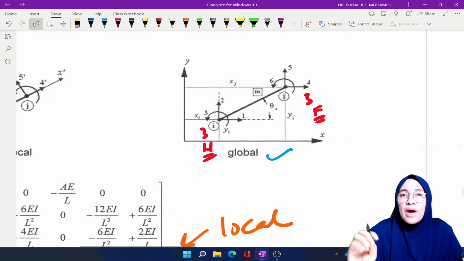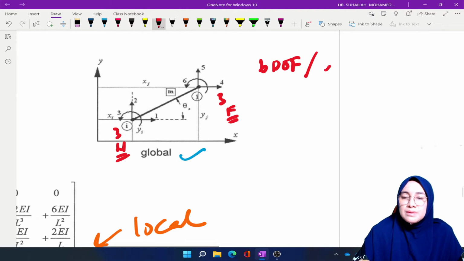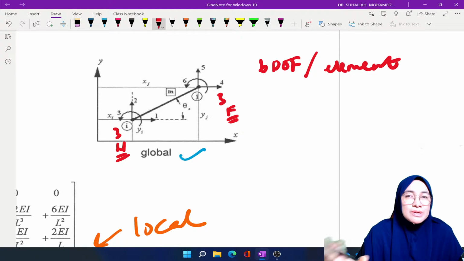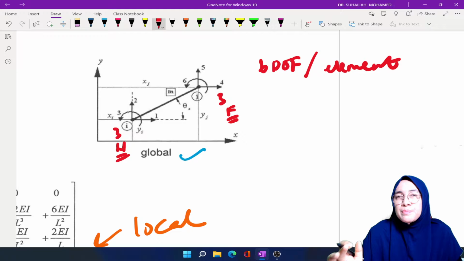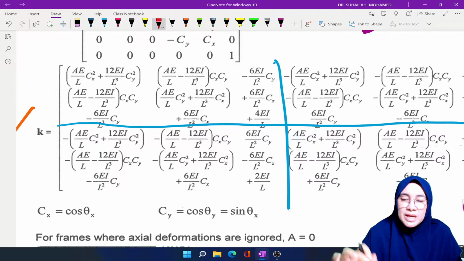So in total for an element we have 6 DOF per element, because an element consists of 2 nodes, and one node in frame consists of 3 degrees of freedom, representing a 6 by 6 matrix in the element stiffness matrix. So this is actually the formula.